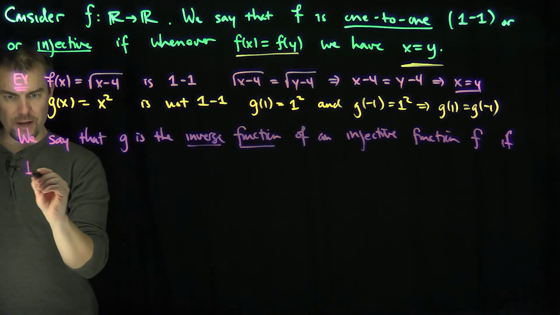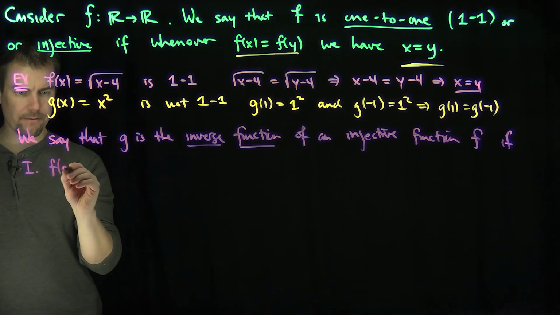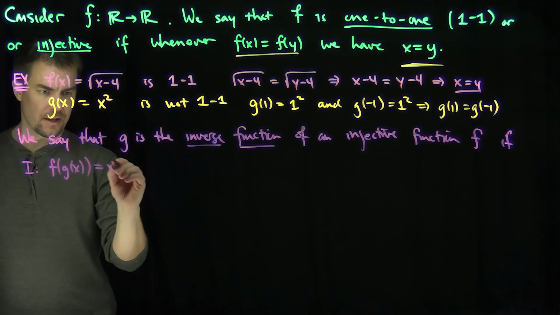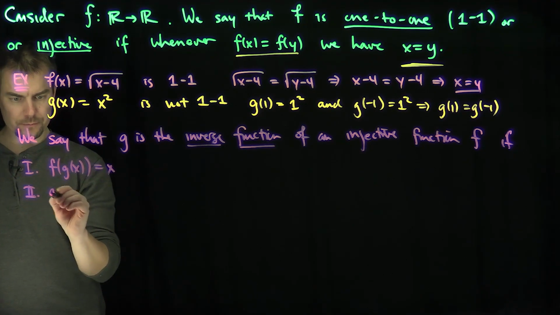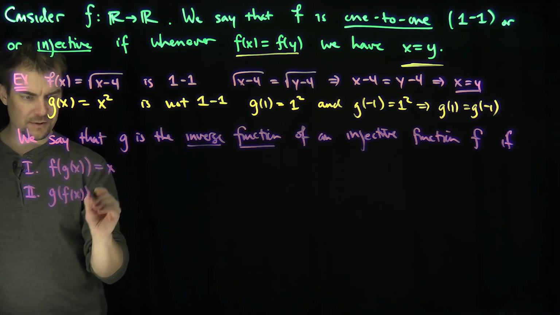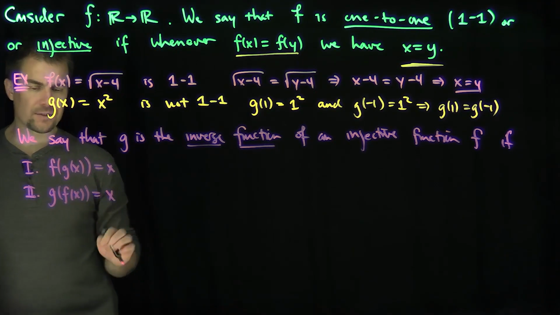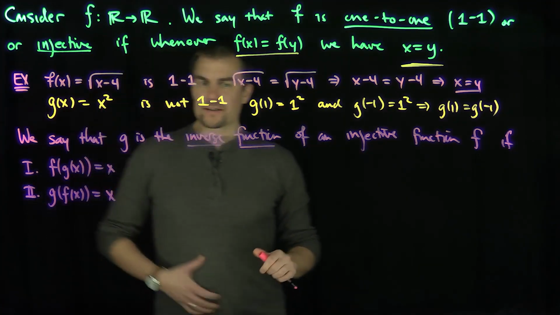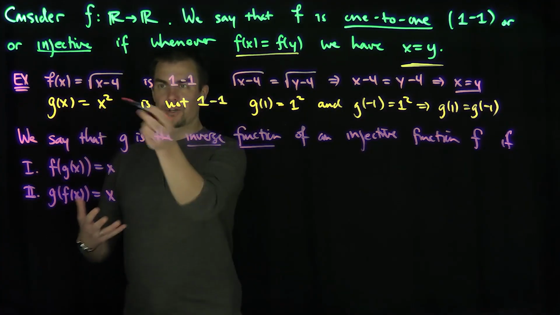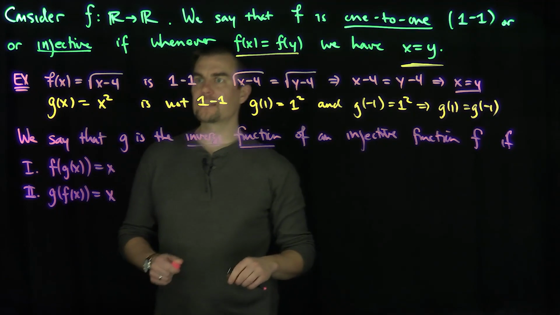One, f of g of x is equal to x, and two, g of f of x is equal to x. So in other words, I would like to find a function that has this property.